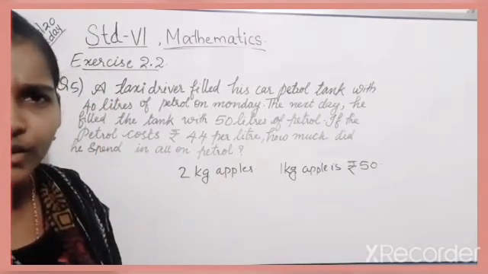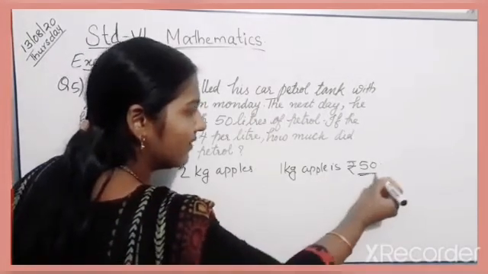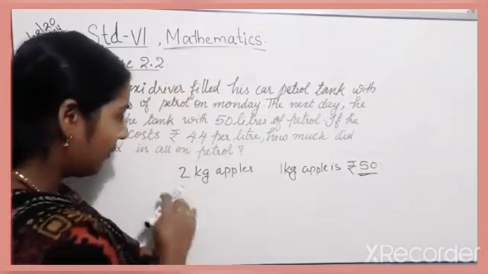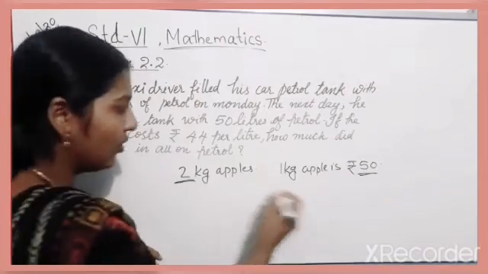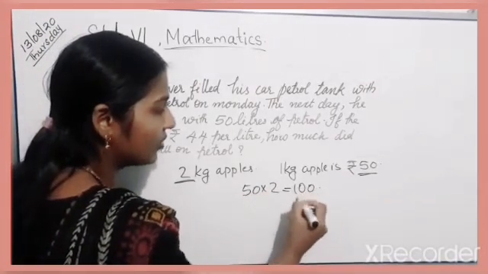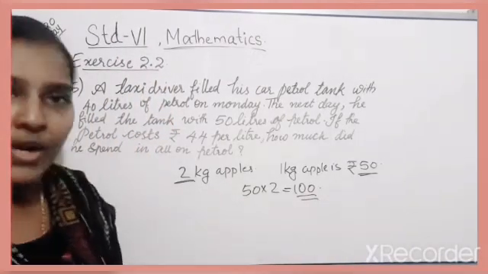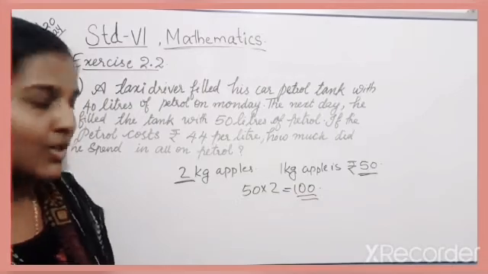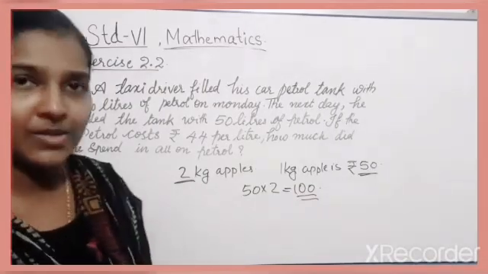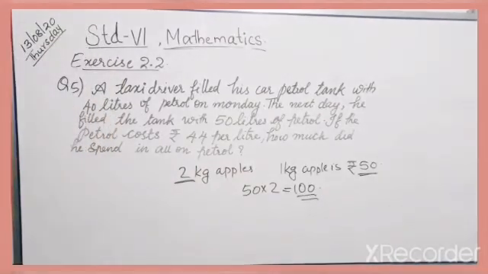How can we find out? Yes, 1 kilo apple cost is given as 50, isn't it? I bought 2 kg. So 50 into 2, 100. So the money spent by me is 100, isn't it? So this question is also of this type. I will explain.